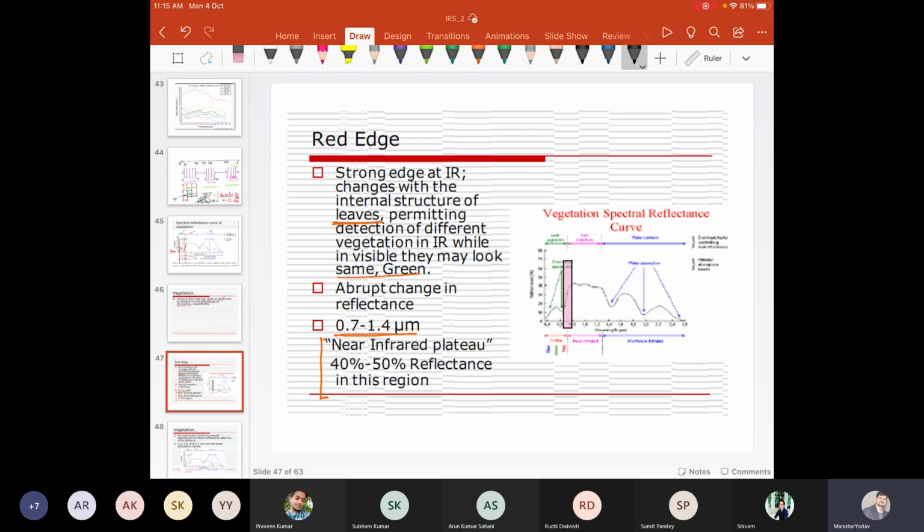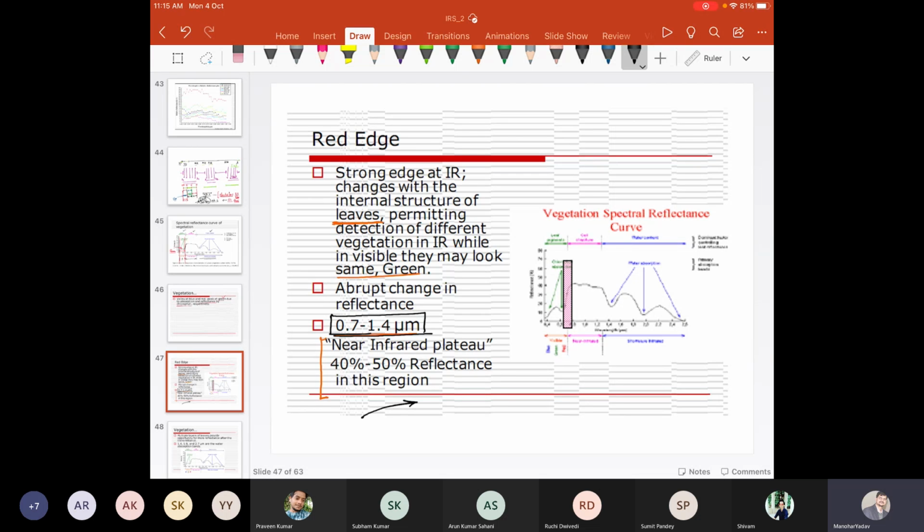And the red edge you can notice within 0.7 to 1.4 micrometer. When this curve enters the near infrared band, reflectance rises to 40 to 50% in this region.